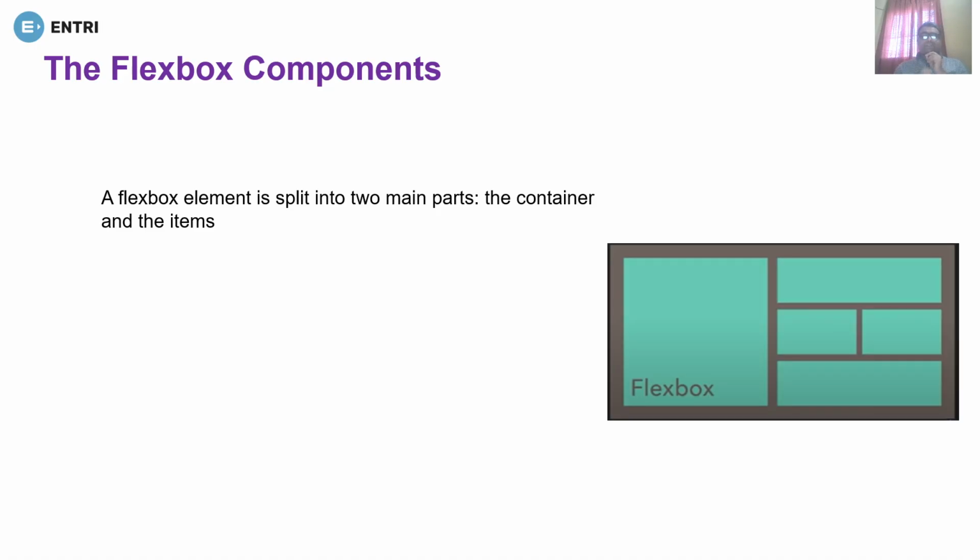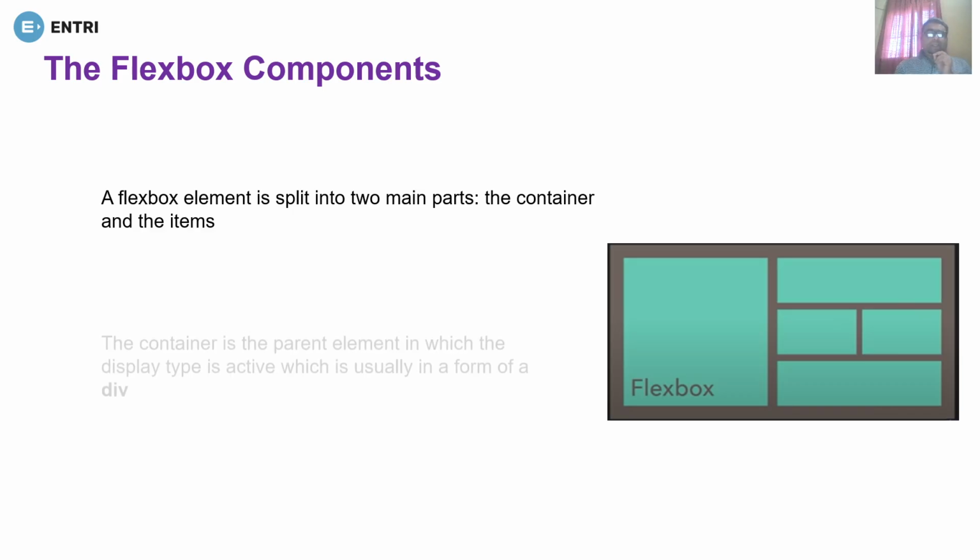Initially, let us first talk about the Flexbox elements. Now, when we talk about a Flexbox, it actually has two parts. The first part is the container, and whatever content it has can be arranged in the form of items. So basically we have two parts. One is the container part, another one is the item part.